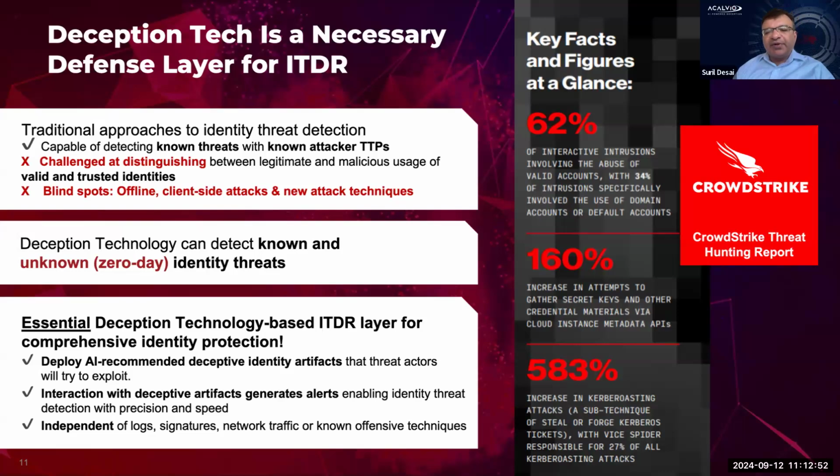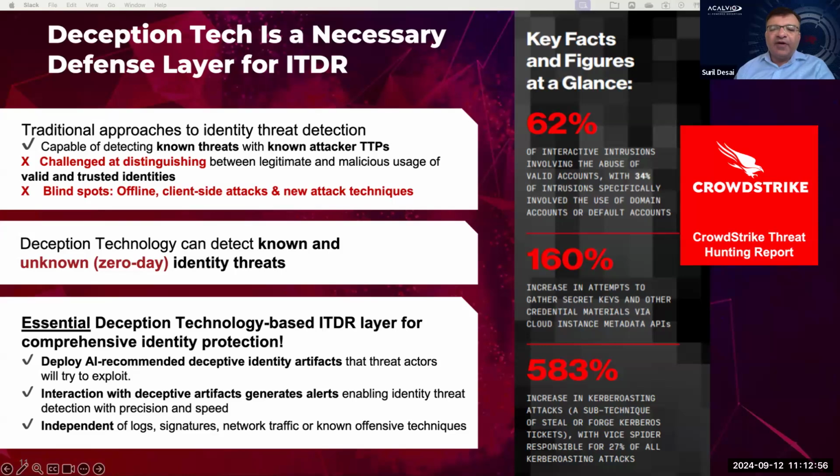And so, for example, an interesting statistic from the CrowdStrike threat hunting report indicates a 583% increase in the use of a particular identity exploit technique known as Kerberoasting. So Kerberoasting is a way for the attacker to get access to credentials.